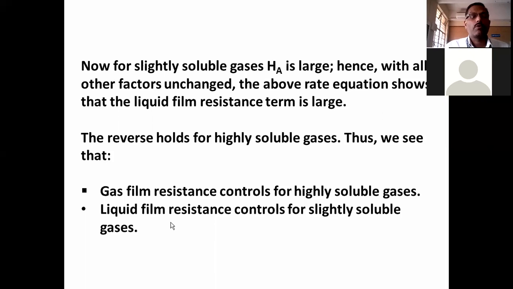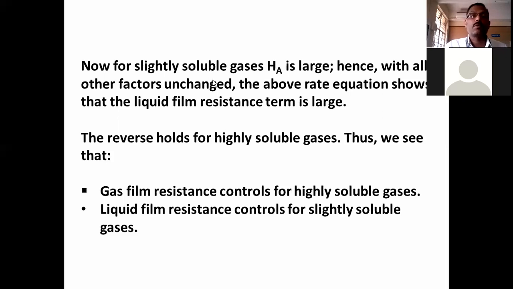So the liquid film resistance controls for slightly soluble gases, and the gas film resistance controls for highly soluble gases. For highly soluble gases, the solute is highly soluble in the liquid, so the resistance offered by the liquid is less and only the resistance offered by the gas film is more. So the gas film resistance controls for highly soluble gases.